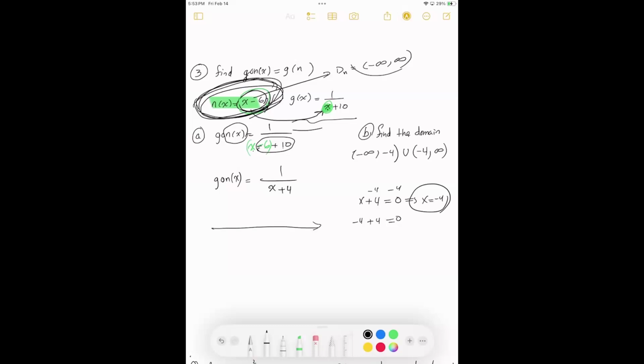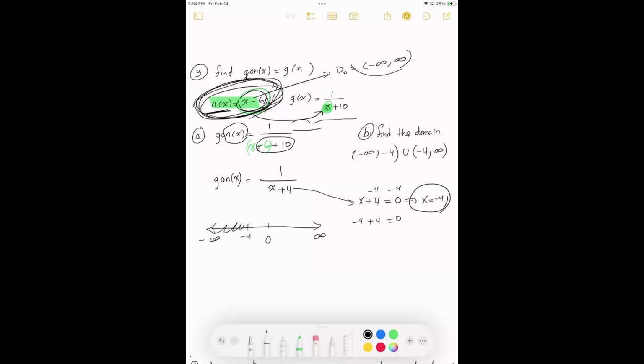Since the domain for n, the starting function that we fed to g of x, was everything because we had a polynomial, but then when we fed it to this new function, the new function is a rational function and we can't have 0 in the denominator. So we set the denominator equal to 0 to find that bad point, which is negative 4.